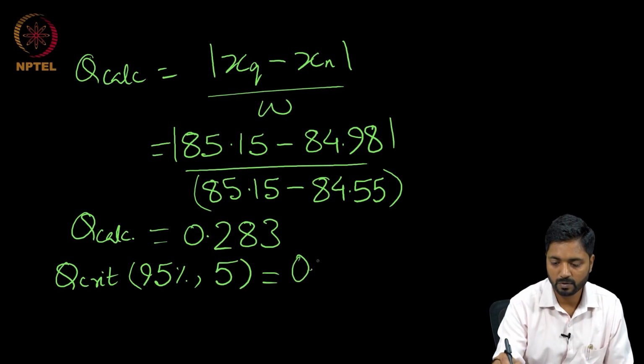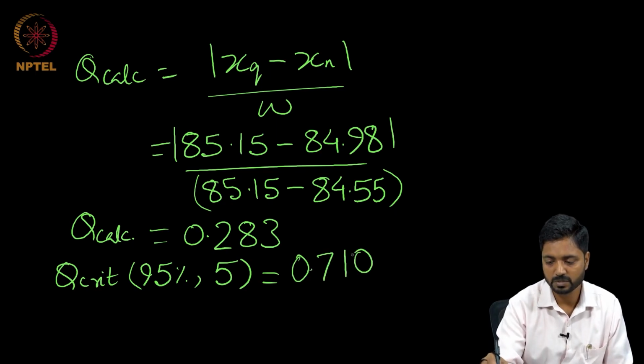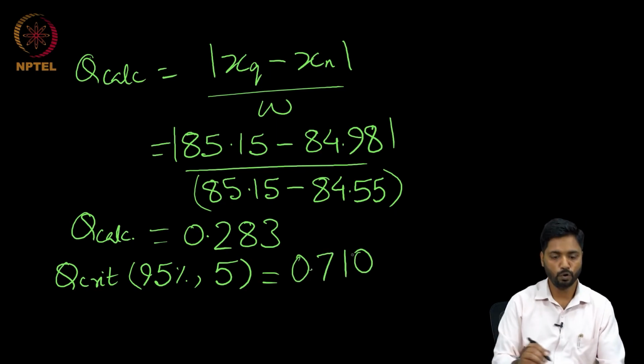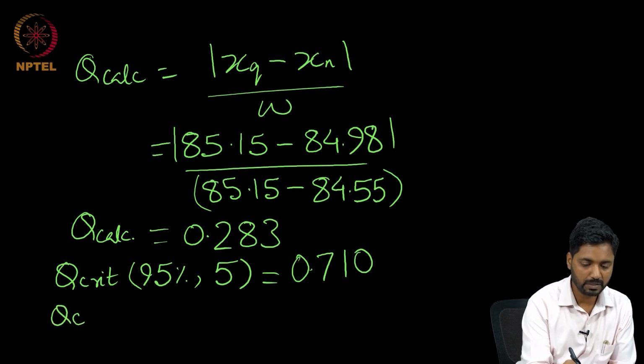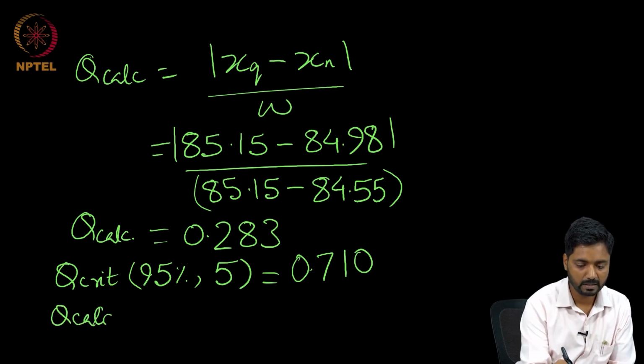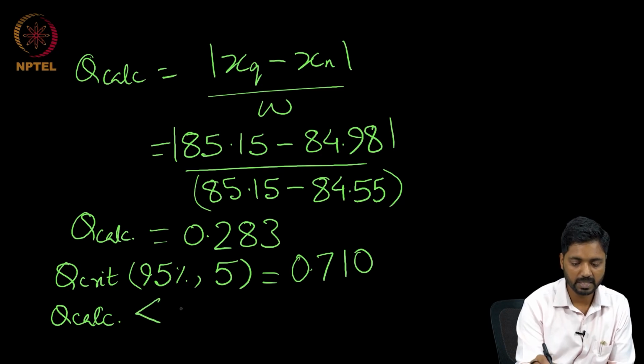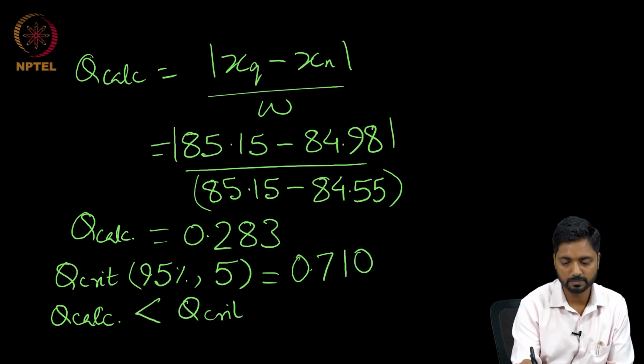So, we put 0.710 here, and what we observe is that the Q calculated is less than the Q critical value.